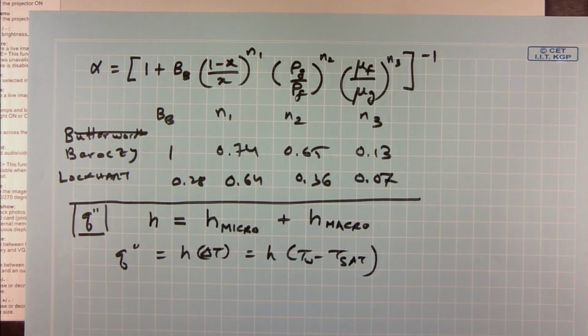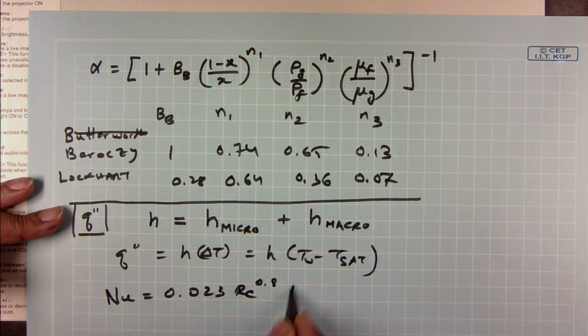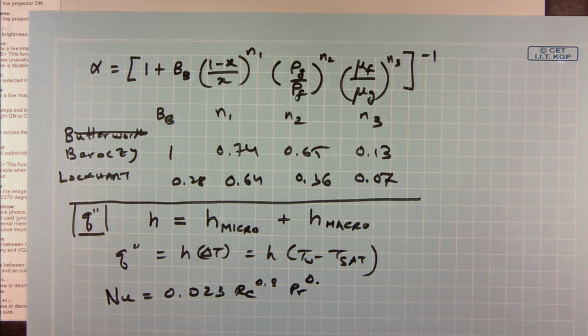So, typically if you have turbulent flow, what correlation do I use in a turbulent flow in a pipe? How do I estimate the Nusselt number? Any of you know? So, Dittus-Boelter correlation, right. If I write down the Dittus-Boelter correlation, it is 0.023 Reynolds number to the power of 0.8, Prandtl number to the power of what? In this case what do we have?